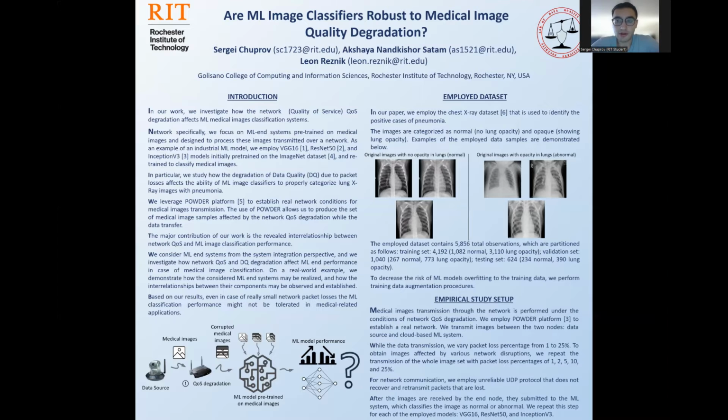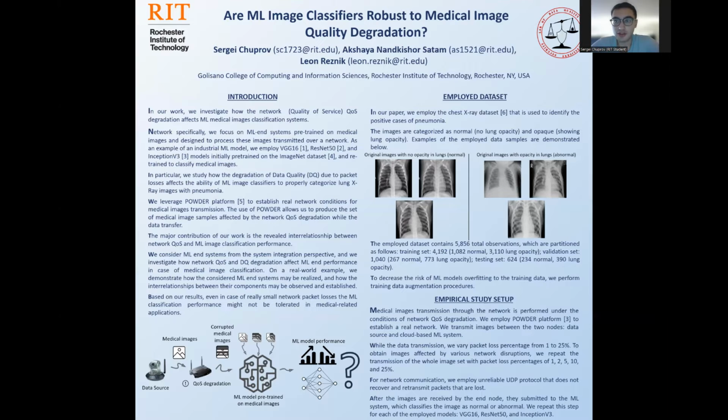In our work, we decided to employ three well-known machine learning models pre-trained on ImageNet: VGG16, ResNet 50, and Inception V3.